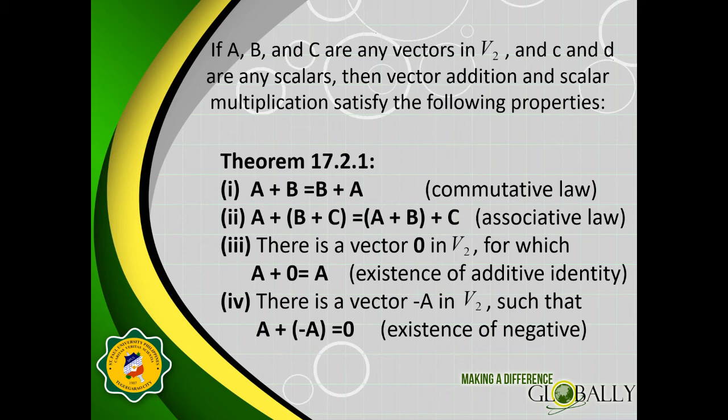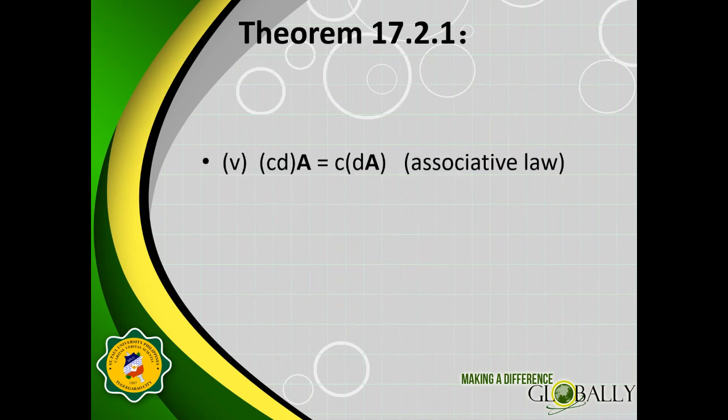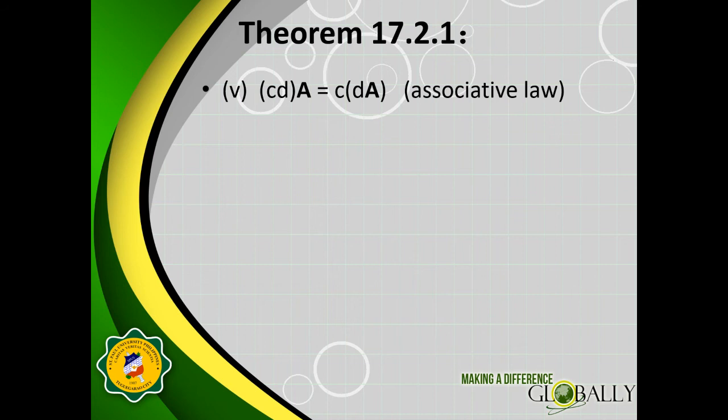4. There is a vector negative A in V2 such that A plus negative A equals the 0 vector. We call it an instance of negative. 5. cd multiplied by A equals c multiplied by dA.